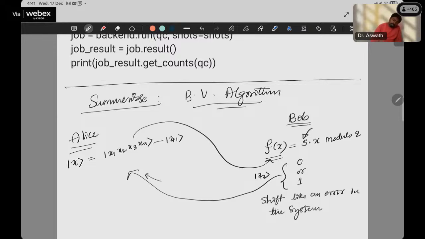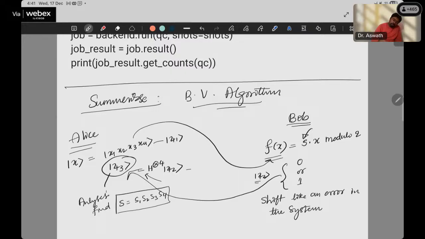She analyzes psi 2 by acting 4 Hadamards on psi 2, getting psi 3, and she analyzes psi 3 and finds S is a bit string of S1, S2, S3, S4. So that is what the errors are, how the errors are happening.